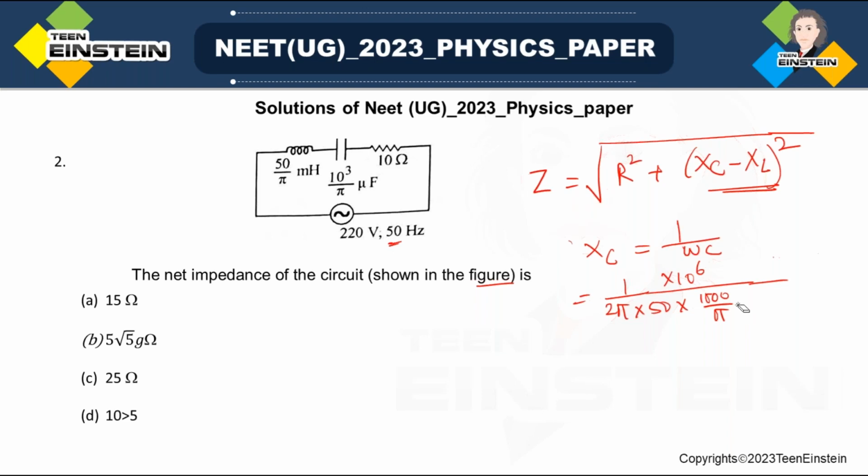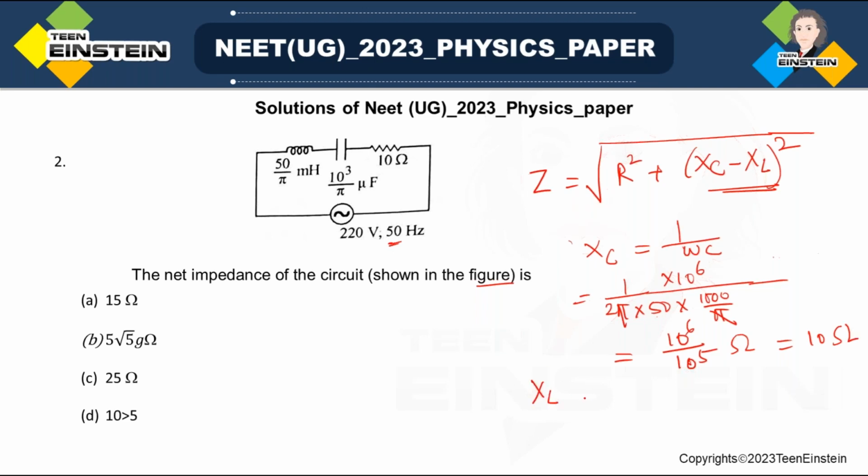Microfarad means 10^-6 farad. So as I was doing, I can do it as 10^6 by 10^5. It will be 10^5 because here two zeros will come. This will be in terms of ohm, it will have the unit of ohm. So you will get 10 ohm here.